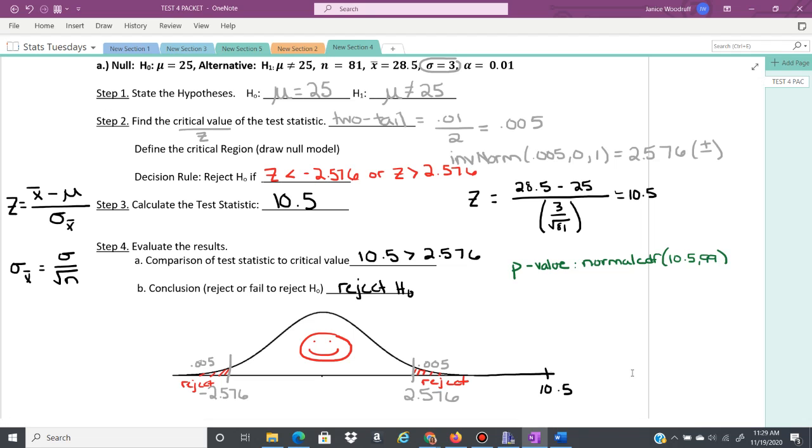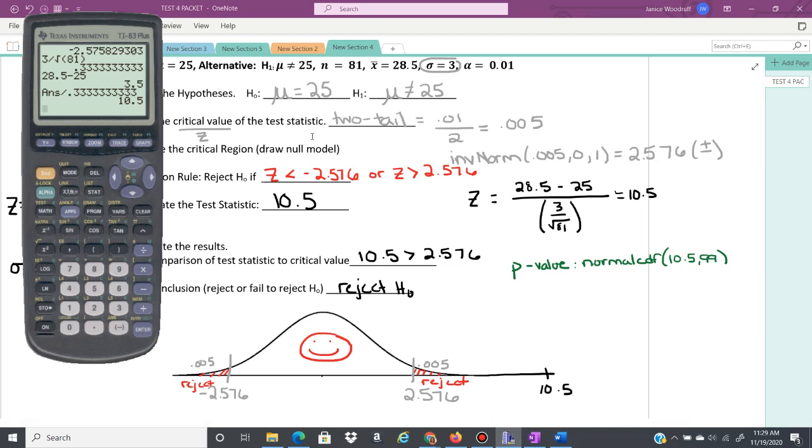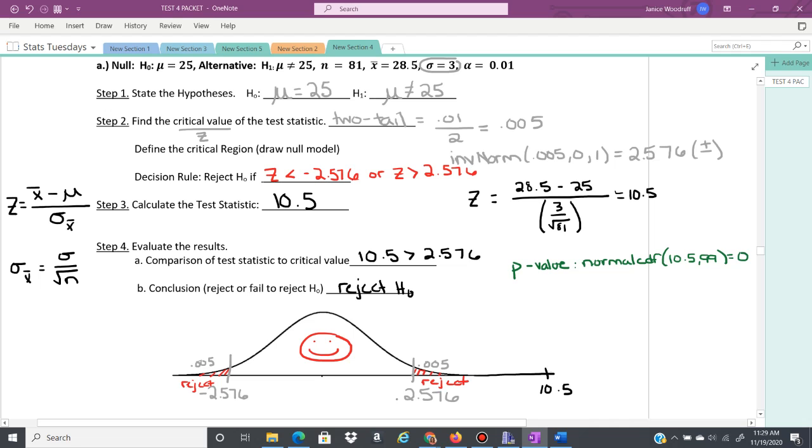So second distribution, normal CDF, 10.5, upper limit 99, which should give you 0. Yeah, I get 0. So your p-value is 0.